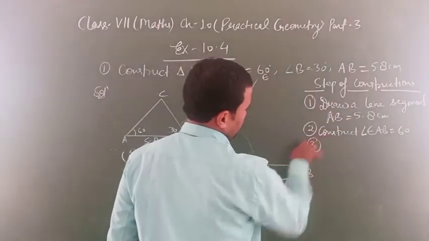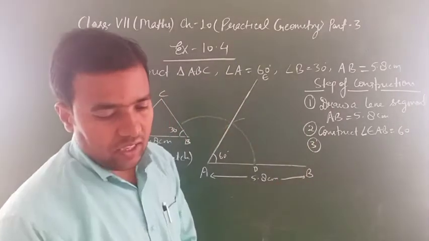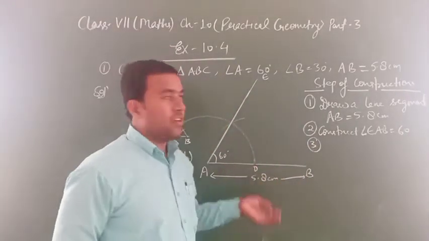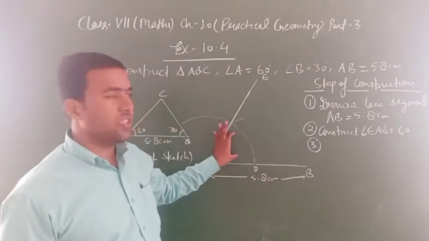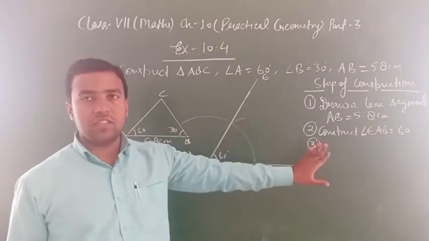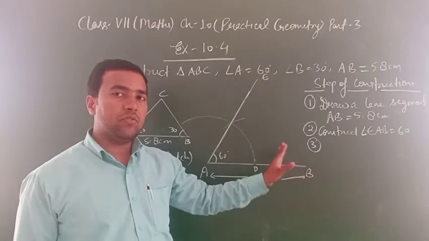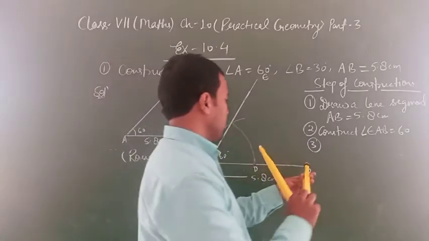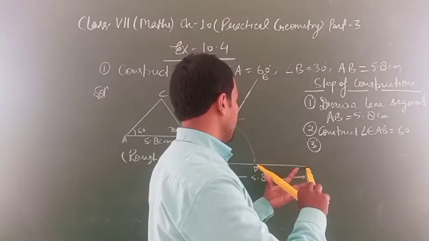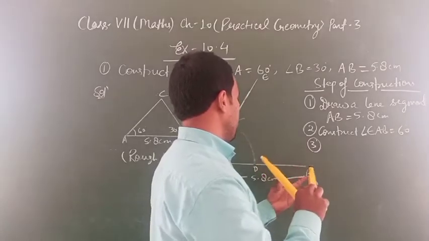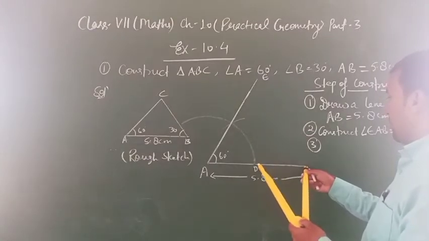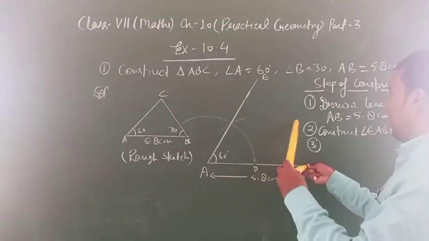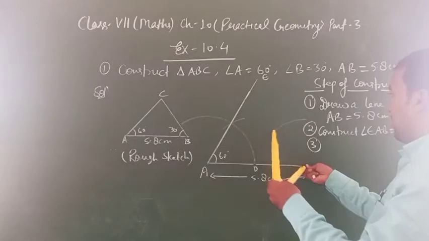Third step, with B as a center, how will you make the 30 degrees? Half of 60, means first we will make a 60-degree angle. After that we will do half from B. Okay. B as a center. Then we will make one arc like this.